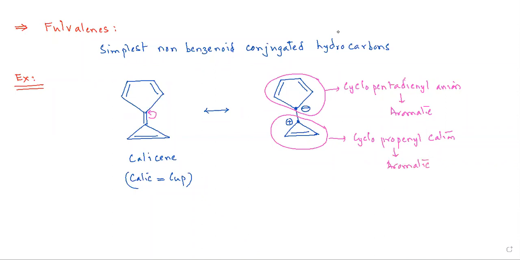Now, this dipolar structure of calicene, which of course has a dipole moment of 4 D, is aromatic. This is very interesting. Let me write a note here.